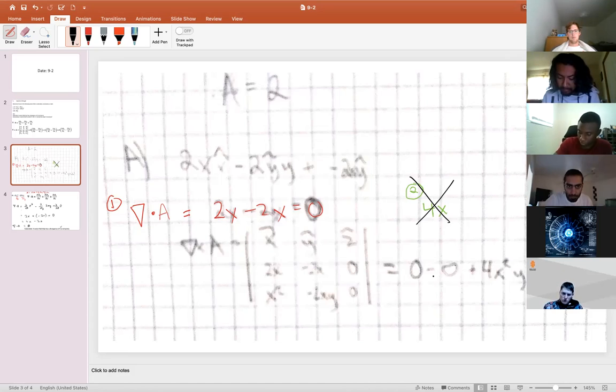What about this format even? So let's just check. Does this say 0 minus 0 plus 4x squared y?